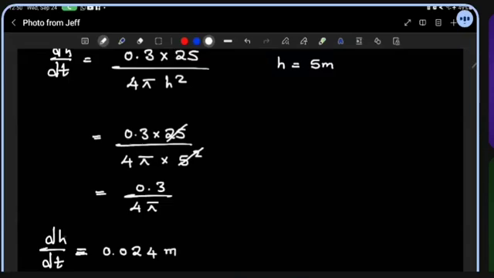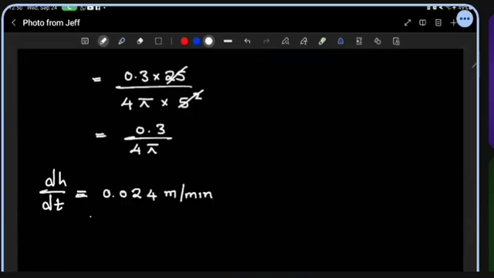So since this is the height, with this with time, this will be meters per minute. This is how fast the water will be reducing.